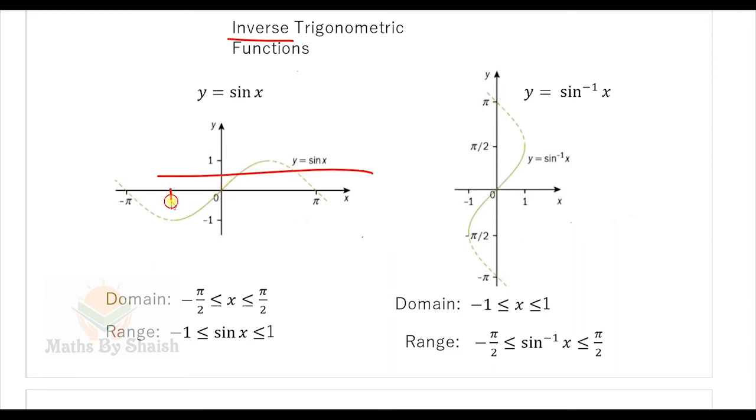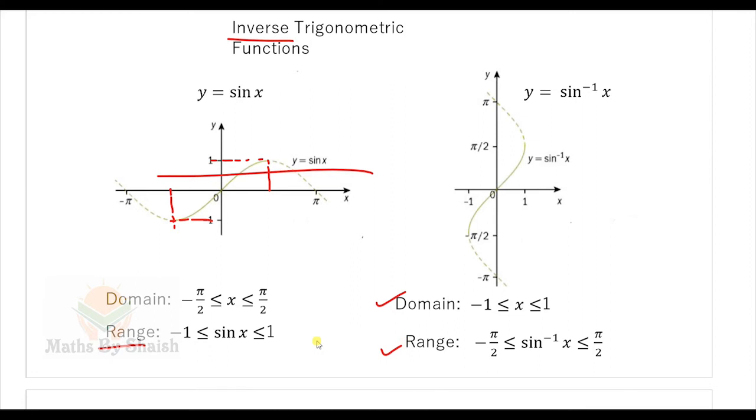That's why we restrict the domain for sine x to minus pi by 2 to pi by 2, for which the range of sine is of course going to be from minus 1 to 1. If you define the inverse function, the domain of the function will be the range of the inverse function, and the range of the function will be the domain of the inverse function. So the graph of the inverse of sine will be like that, the domain is minus 1 to 1, and sine inverse is going to be between minus pi by 2 to pi by 2.